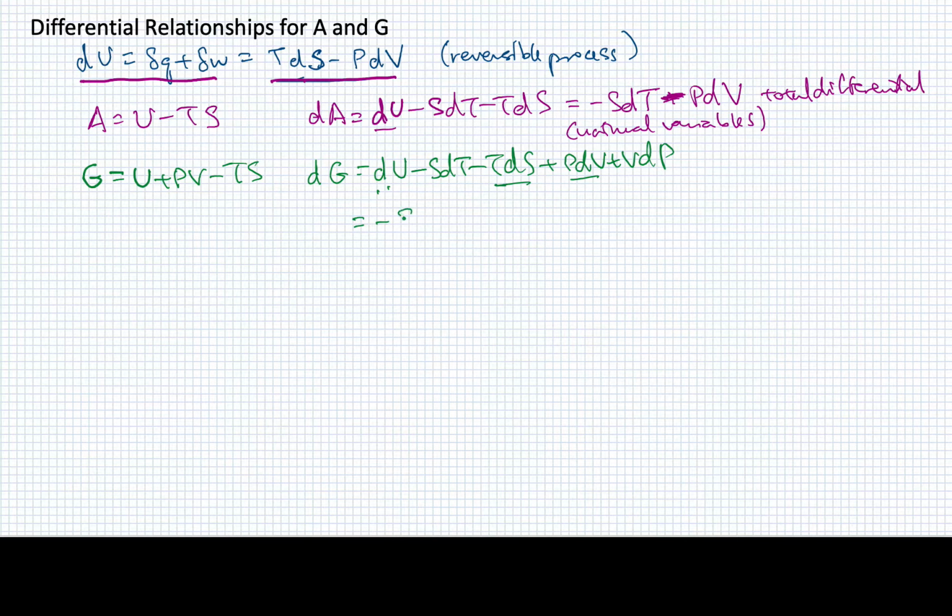So I'm going to be left with an expression that says that dG is equal to minus S dT plus V dP. And again, we recognize now that temperature and pressure end up being the natural variables for the Gibbs energy. I should have specified what they are here in the Helmholtz energy, but they are temperature and volume. Okay, unsurprisingly, we derived the Gibbs energy when we were looking at processes that involve constant temperature and constant pressure.